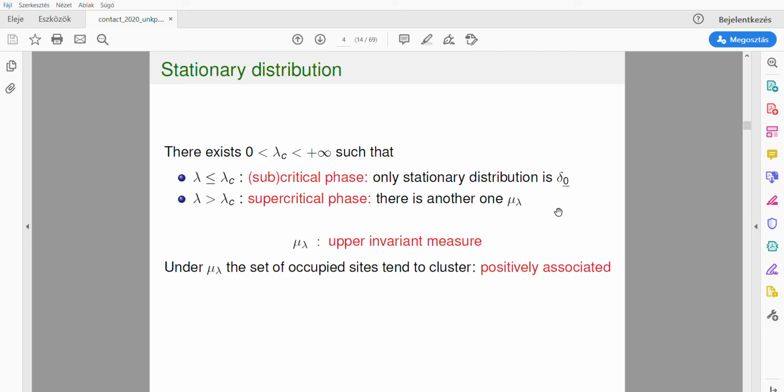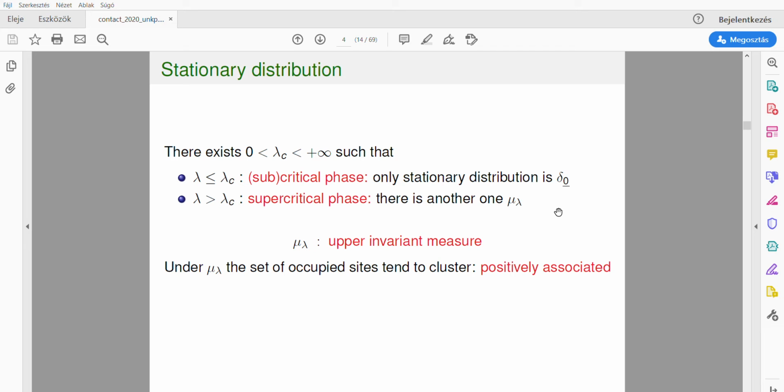So under the stationary distribution there are correlations, and as a matter of fact this random measure is positively associated, meaning, well, it's a generalization of the fact that if you look at the status of a vertex and you see that it's infected, then this event is going to make it more likely that other people will be infected.